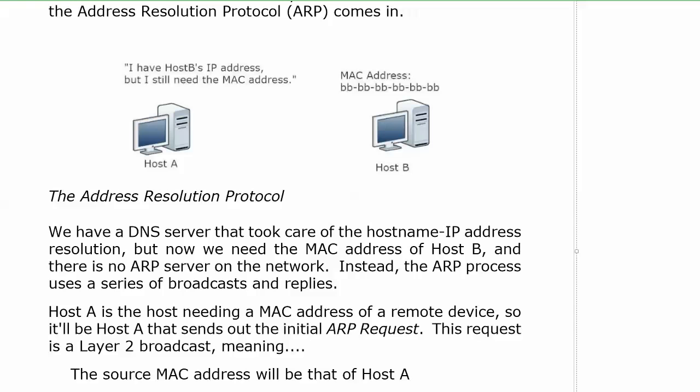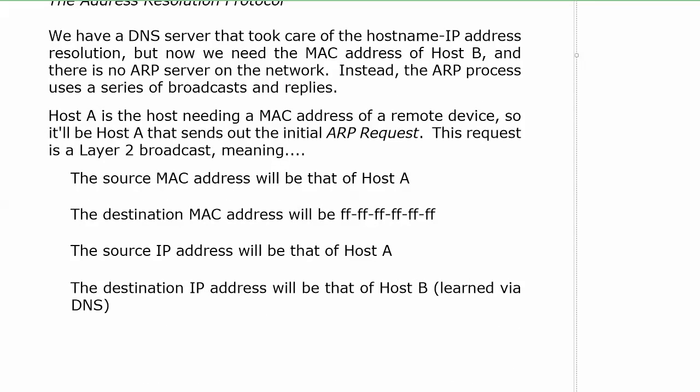Well, ARP does not have a server the way DNS does, as I mentioned. The ARP process uses a series of broadcasts and replies. Now, host A is the host that needs the MAC address of a remote device. So it's going to be host A that sends out the initial ARP request. And this request is a layer 2 broadcast.